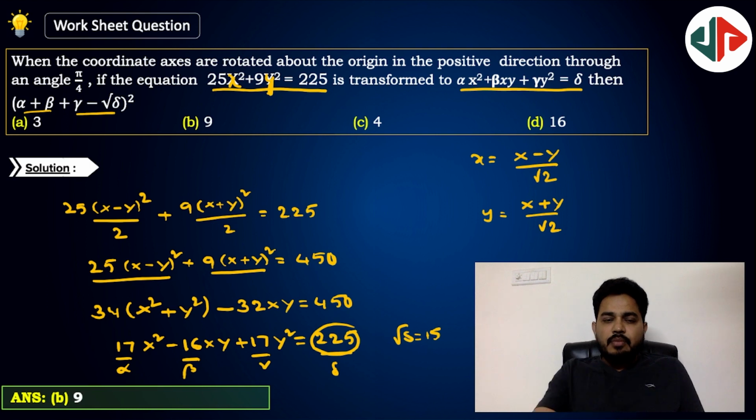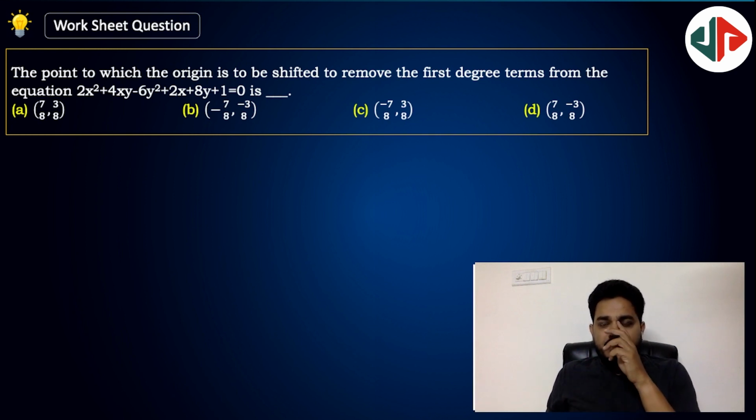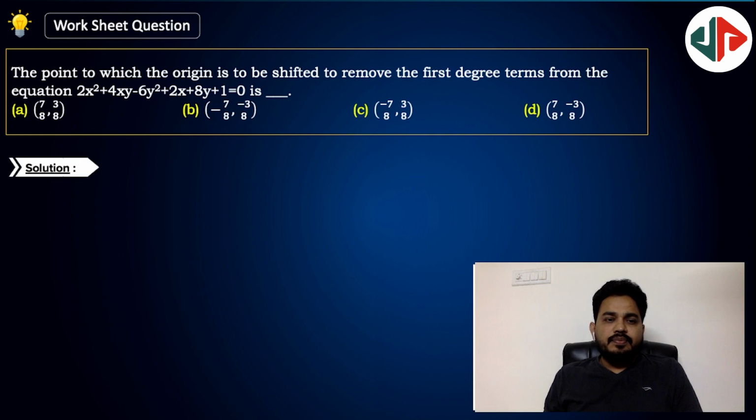Moving to the next question, the point to which the origin is shifted to remove the first degree terms from the equation of this. So to shift the origin, you have the formula. Otherwise, what I suggest is go for this differentiation, partial differentiation. So 4x plus 4y plus 2 is equal to 0.